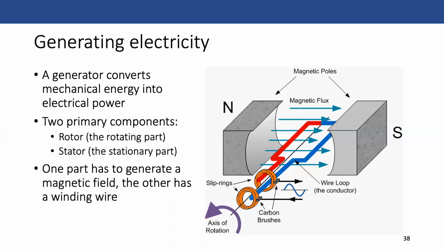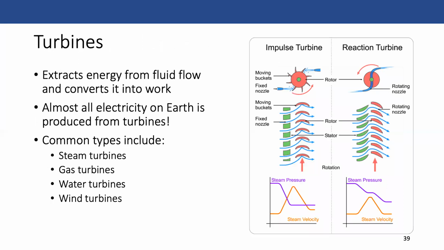Okay, so how does this relate to our discussion about coal and natural gas? Well, the way that we extract energy from the chemical compound is through mechanical energy, by spinning a turbine.